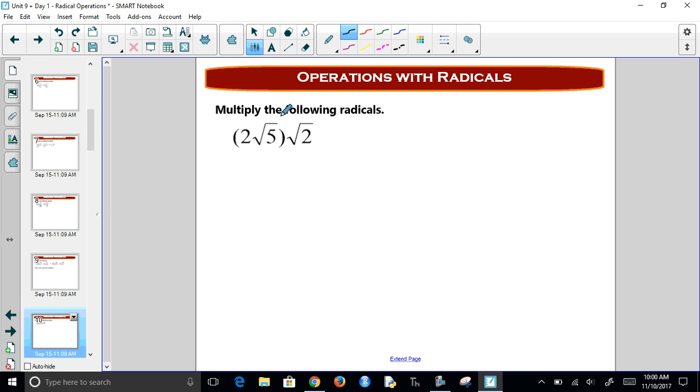Now when we're multiplying though, we can deal with things that are different. Multiplying, this is just like 2 times root 5 times root 2. If something's under a square root, it can multiply by something else under the square root. If it's outside, it just multiplies with anything outside. Here we could multiply them together to get 2 times the square root of 10.